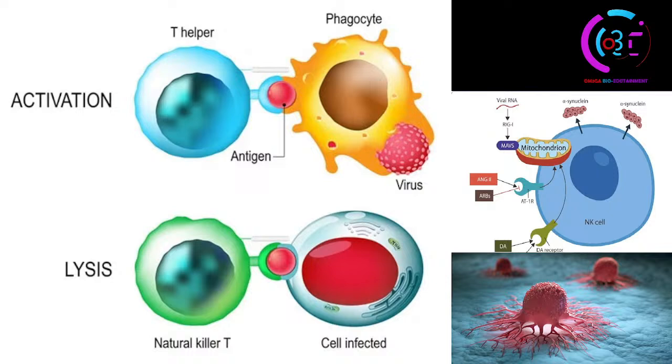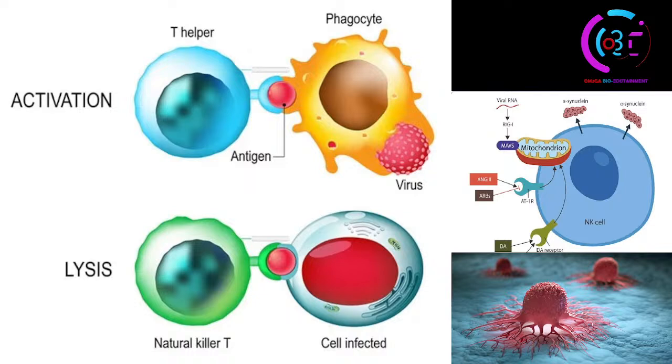But at this juncture, you should know that natural killer cells are the first to recognize that there is an infection, or that the cell is already under stress. And whenever the cell is under stress, natural killer cells will be recruited to respond appropriately. How would they respond appropriately? It's because they contain glycoproteins.